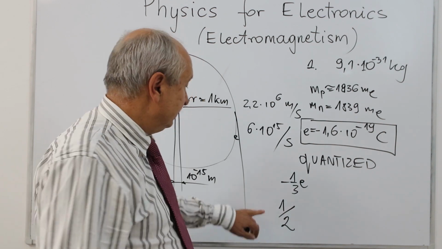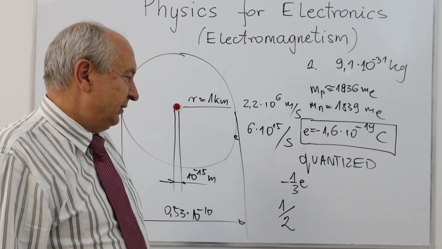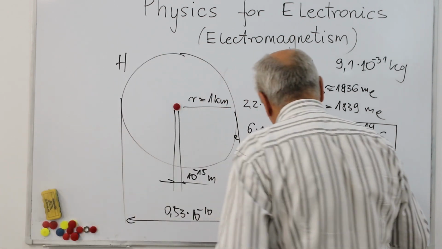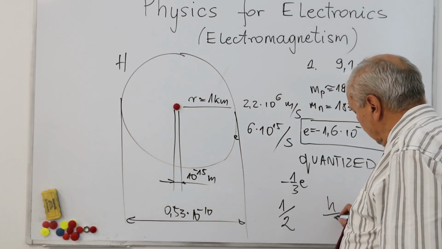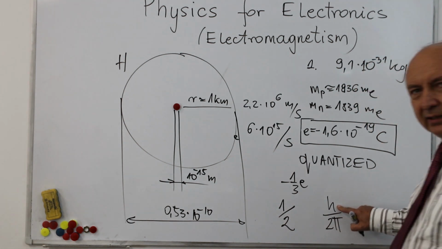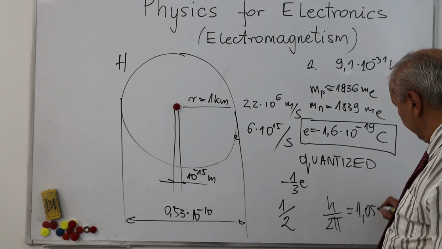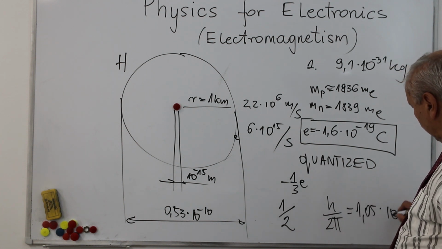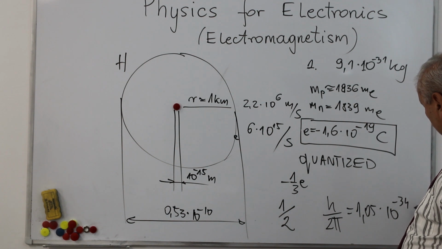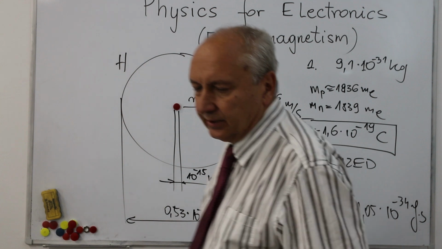So this means that the spin is 1/2. And the spin of the electron is equal to h-bar over 2, where this is the reduced Planck constant, 1.05 times 10 to minus 34 joule multiplied by second.